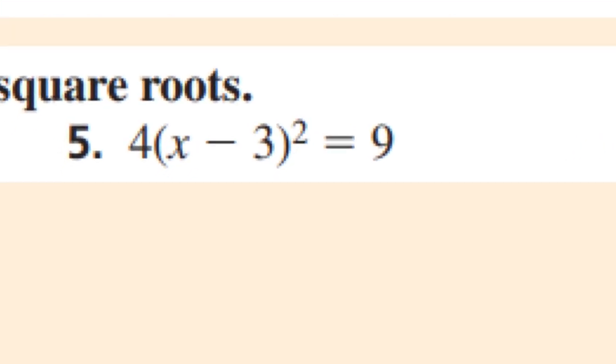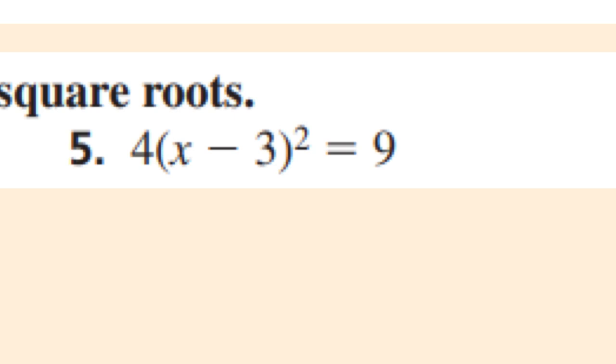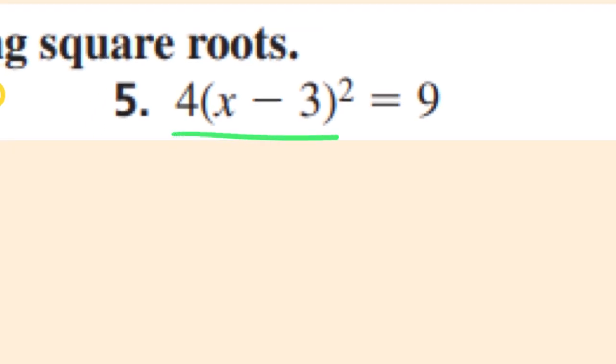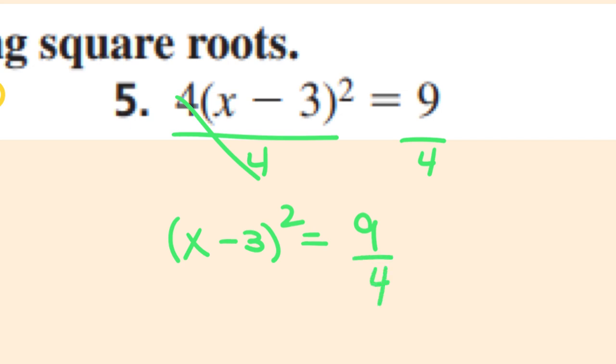Number 5, if you have a number in front of this, it means please do not distribute, okay? This just means that you have 4 times x minus 3 squared. So what you're going to do is divide by 4 so you can leave x minus 3 squared equals 9 over 4.